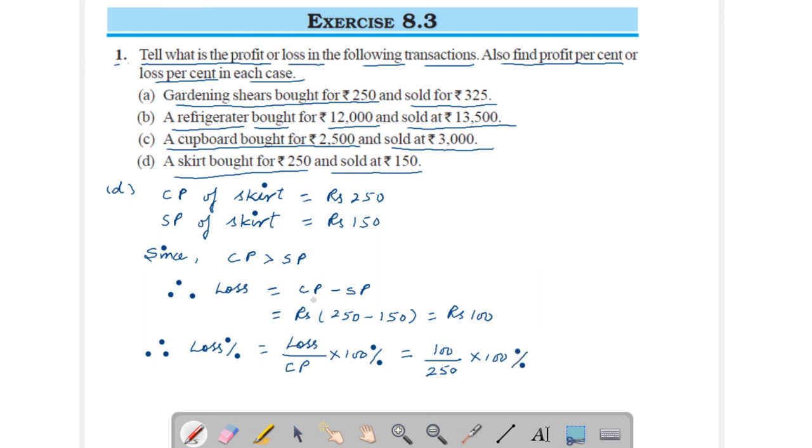Here simplify it. Here we can cancel 0 by 0. Then 25 fours are 100. So 25 ones are 25 and 25 fours are 100. Multiply this 4 into 10, 40. 40%. Therefore, your loss percent is 40%. This is your answer.